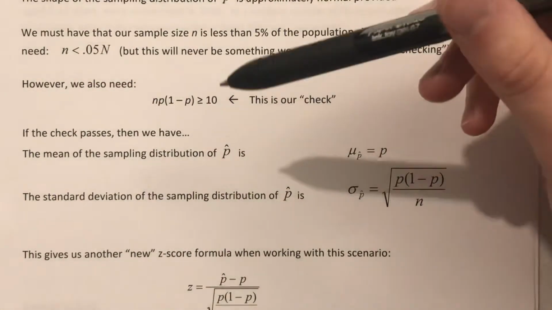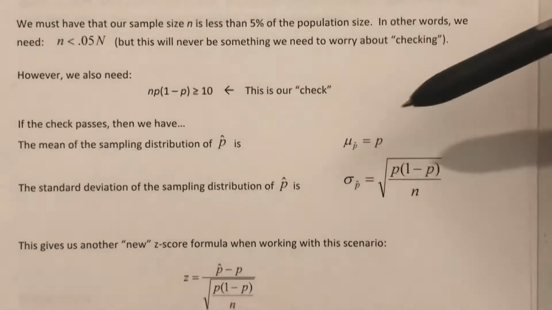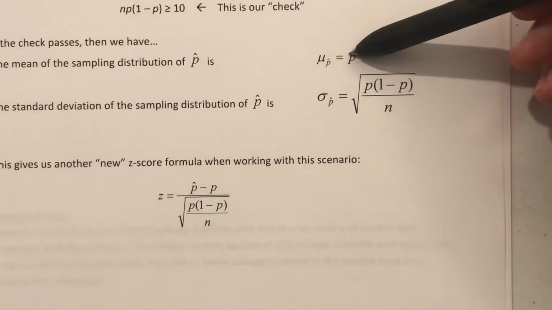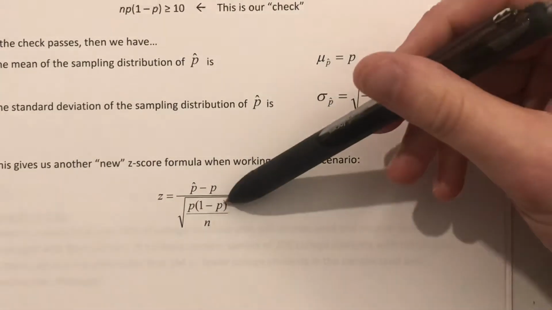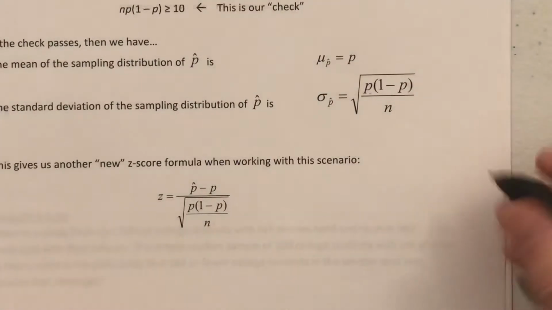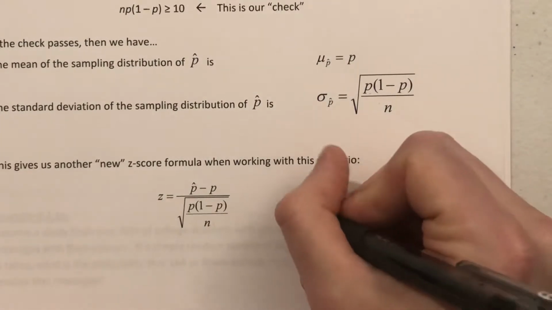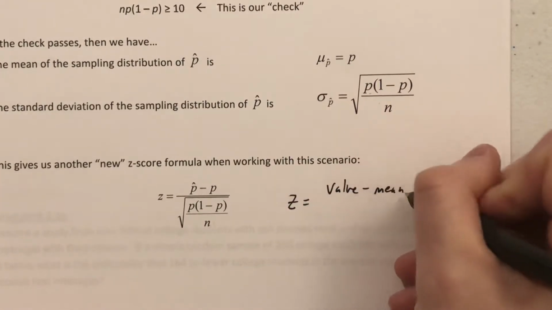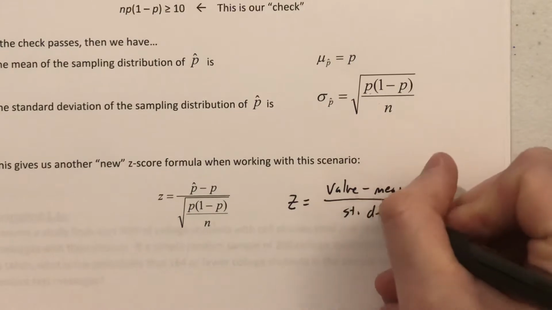Okay? Now, with that distribution, we have a mean and a standard deviation, much like we had for X bar in 8.1. These are their individual formulas. Here is the formula all put together with our z-score formula. Because remember, again, z-score comes from value minus mean over standard deviation.